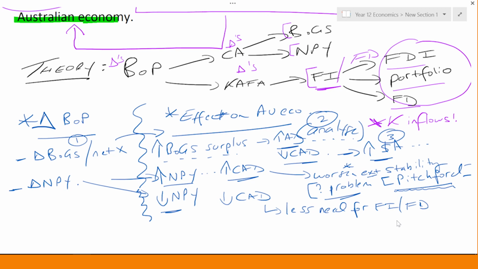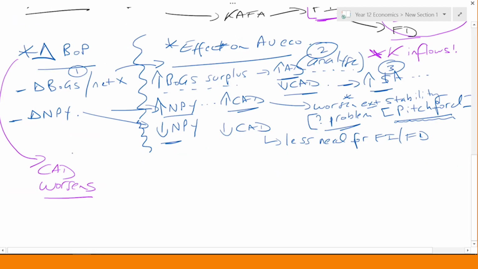Okay, so let's look at it more broadly now in terms of the overall current account as part of the balance of payments. Let's say that the change we look at is the CAD worsens, so the current account deficit gets larger. In terms of the effect on the Australian economy, yes, we will worsen external stability, just like here, no problems.